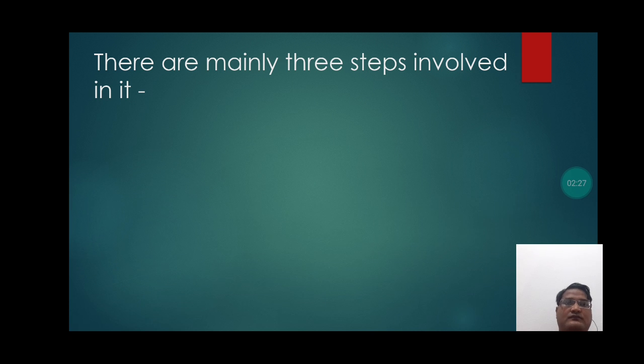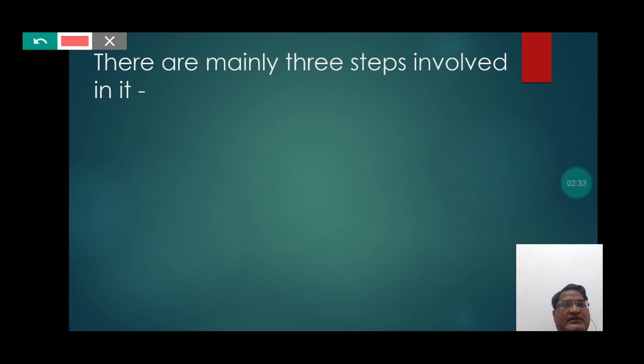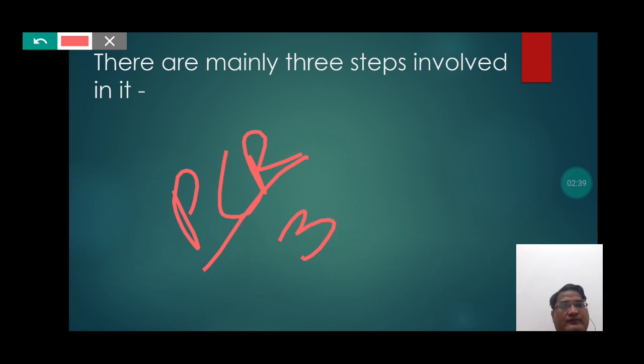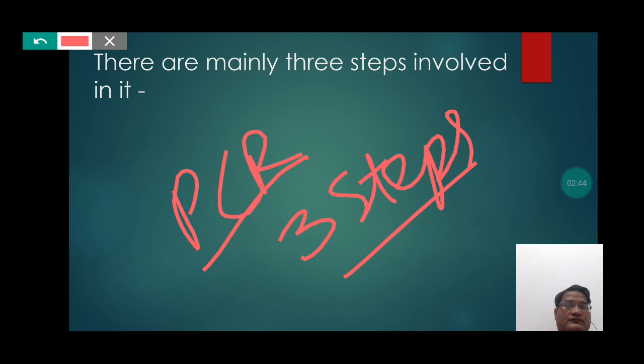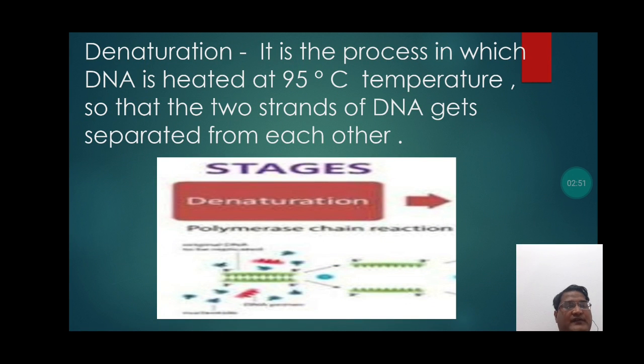There are mainly three steps involved in it. So students, let's know what these three important steps are.